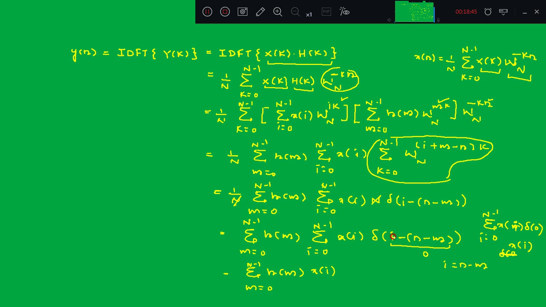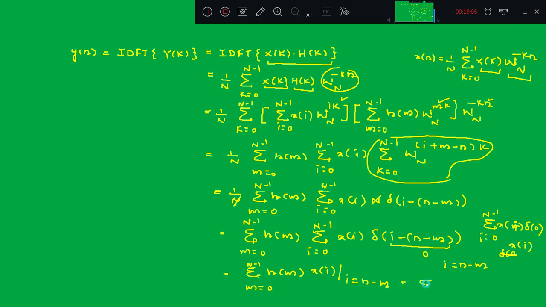When you substitute i equal to n minus m, the two terms cancel, you will get delta of 0, and whenever you multiply delta of 0 with x of i, you will get x of i, right? So you will get x of i when i equals n minus m.